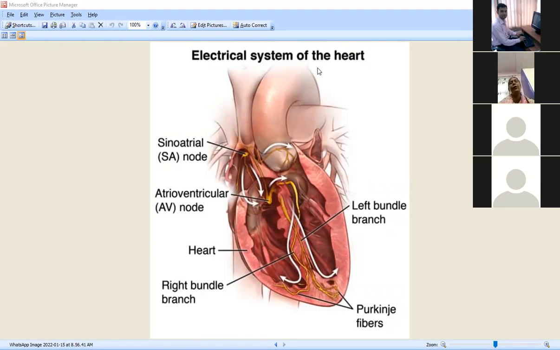First of all, the cells which are specialized, which can carry electrical signals inside our heart, and second, the cardiac muscles, the specialized muscles which contract and relax, and in this way our heart pumps blood. And I told you that the heart follows a rhythm, a system, a cycle.